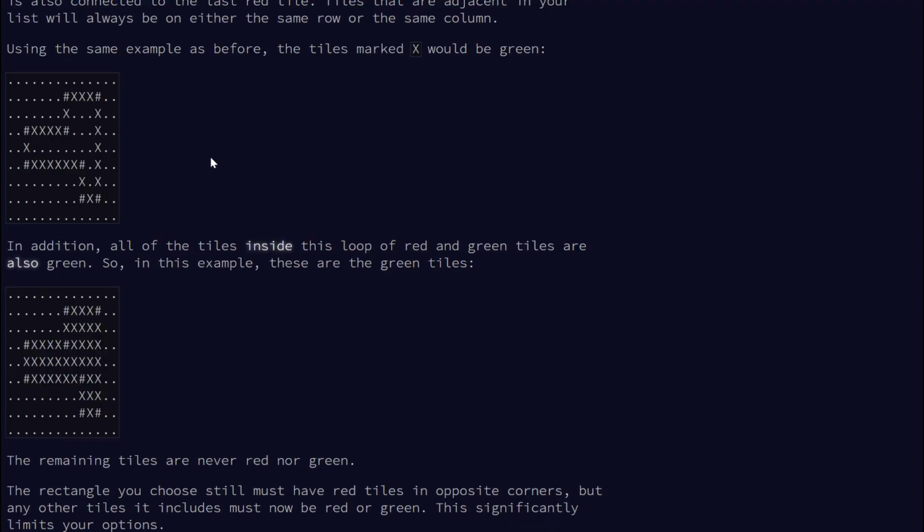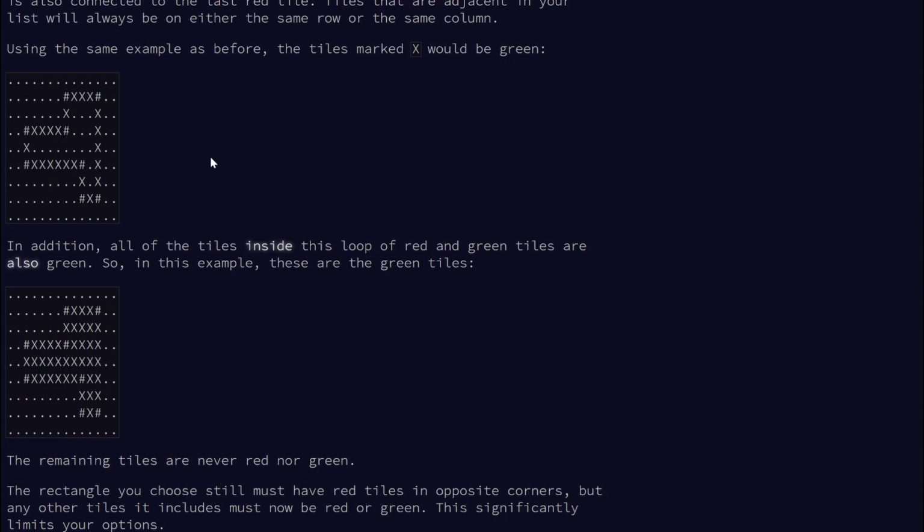Right? So I don't think you can just look at red cells inside the rectangle you're considering, because there are situations where, despite there being no red cells in that region, the region still is not full of green cells.